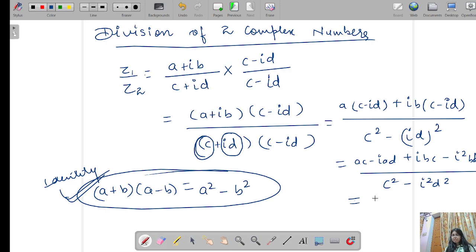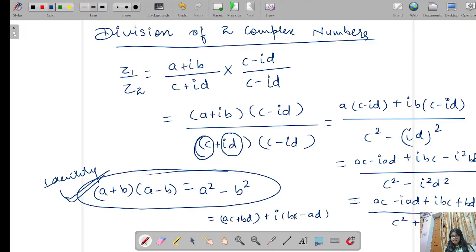So this will be ac minus iota ad plus iota bc plus bd, and in the denominator I have used the value of iota square in the numerator as well as in the denominator. Now this will be this. Further I can solve this. It will be ac plus bd plus iota times bc minus ad.